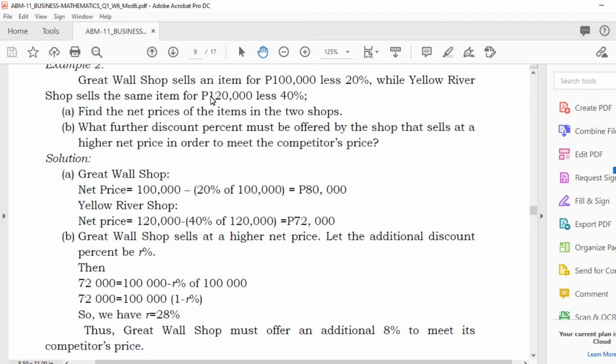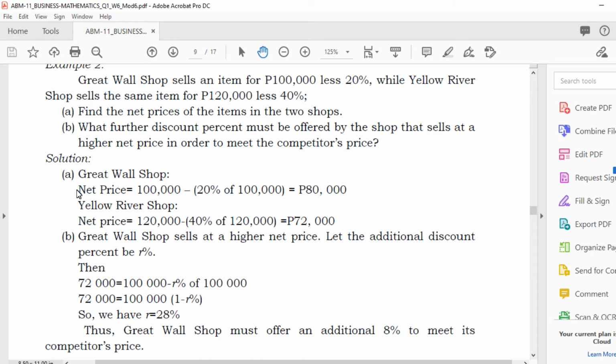Dito naman, nagbigay siya ng 120,000, mataas, pero mataas din ang percentage niya. Ang titingnan natin, kung ano yung mas mura. Find the net prices of the items in the two shops. What further discount percent must be offered by the shop that sells at a higher net price in order to meet the competitor's price?